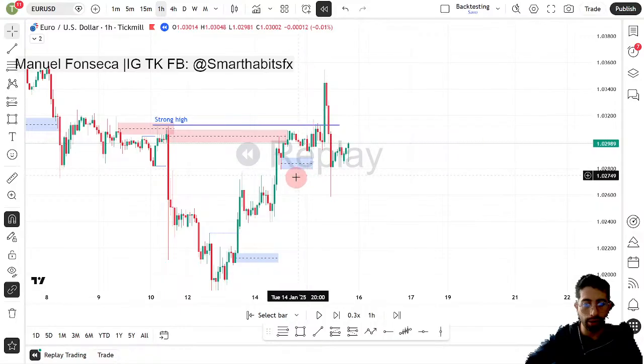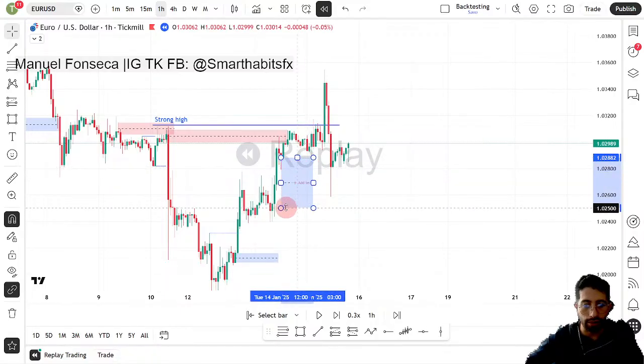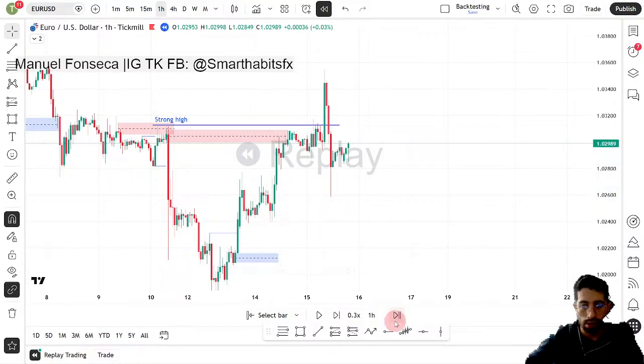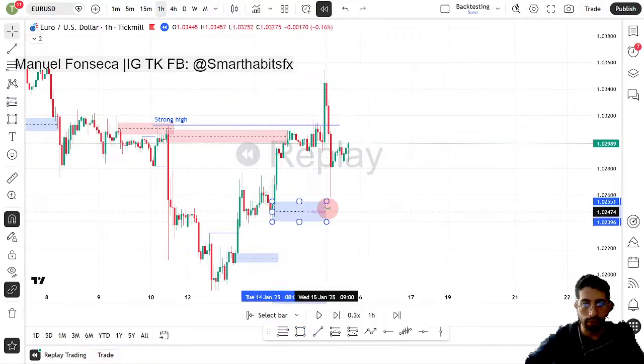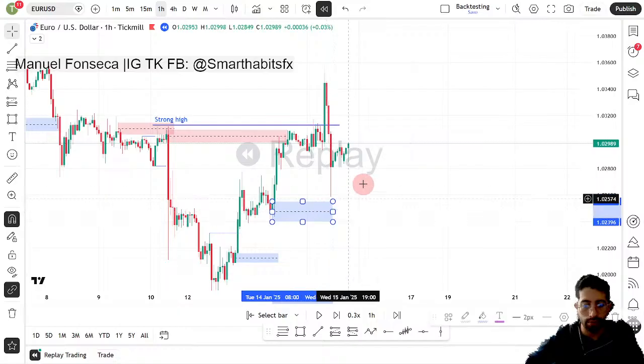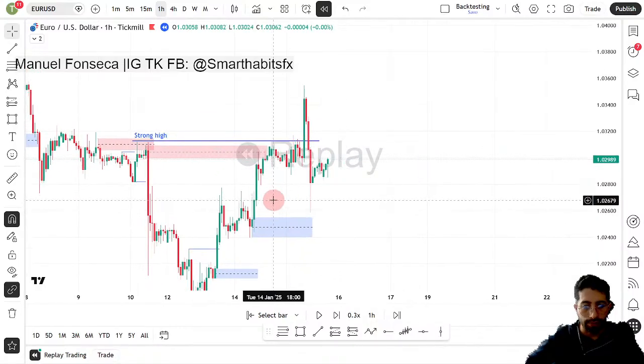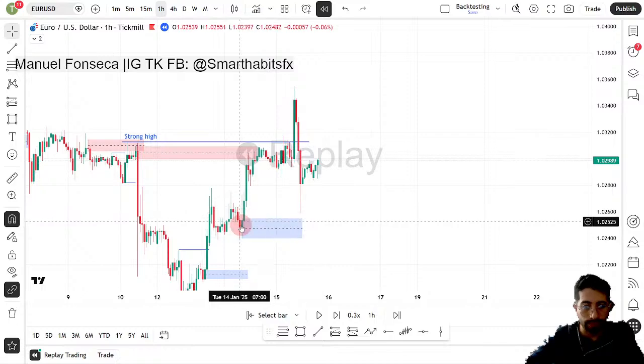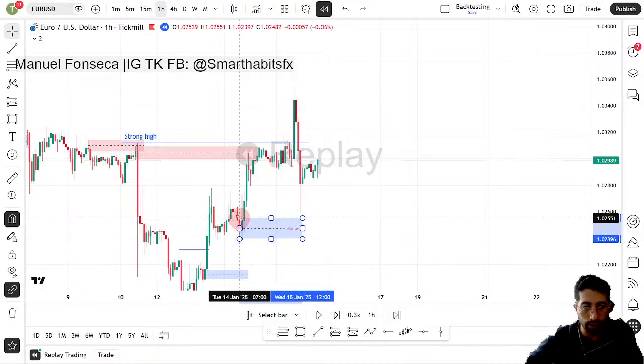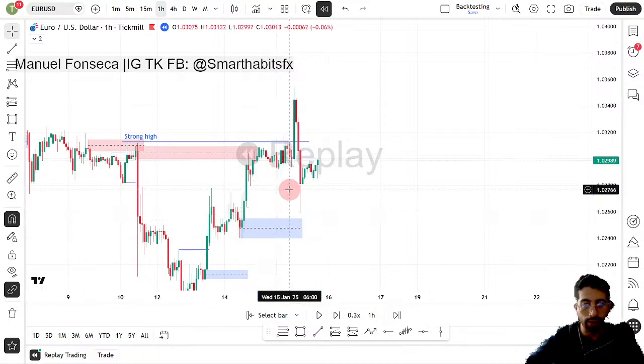It took all the people that were here, and it reacted on this order block, right here. Still is a good entry point from my point of view. Well, it didn't enter as we like to, very clear, but still it works.